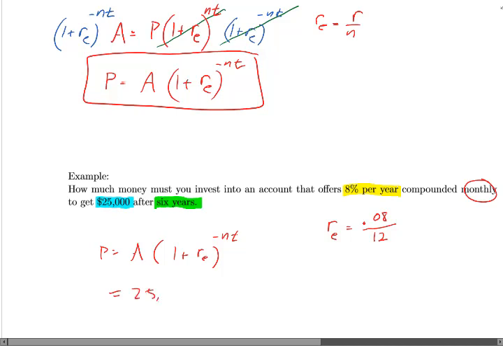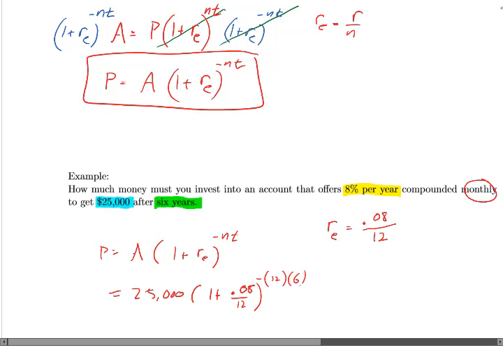So filling all this in, again we want 25,000, times 1 plus, and you can calculate that beforehand or you can just write it in like that, doesn't matter, it's fine, to the negative, and we had 6 years times n. Let me go ahead and get this in the same order here: 12 times 6.